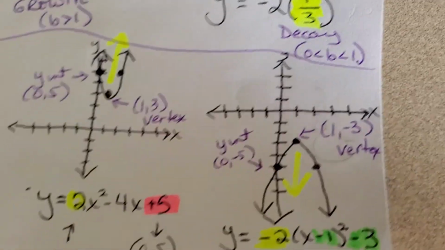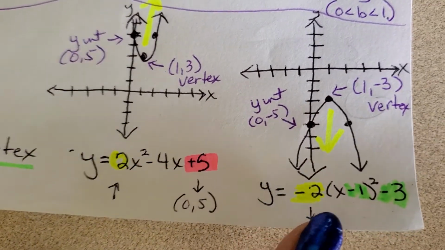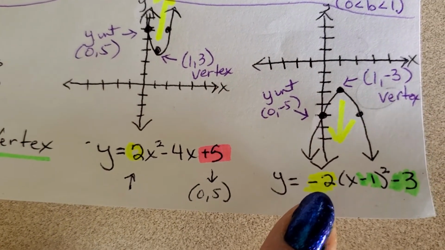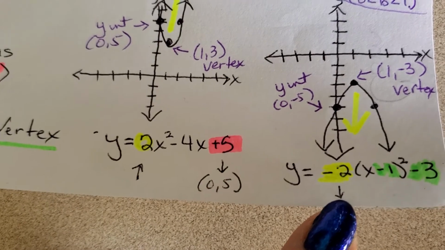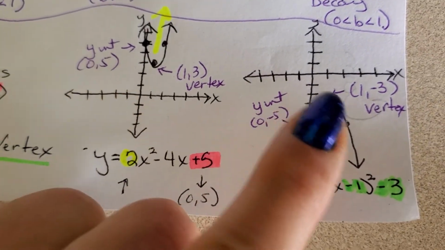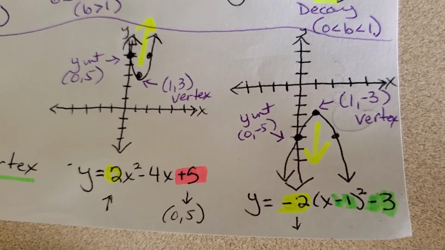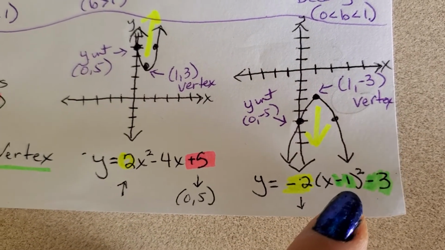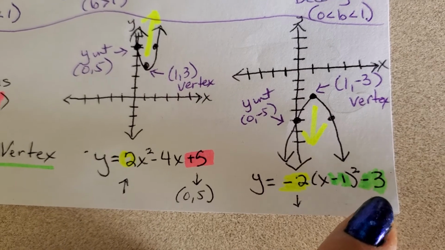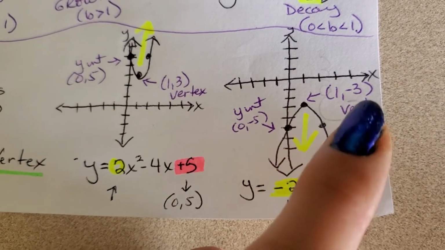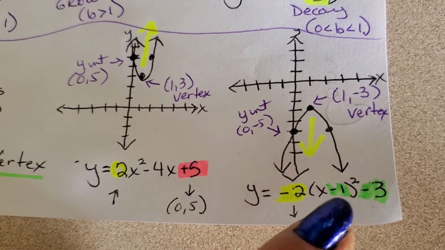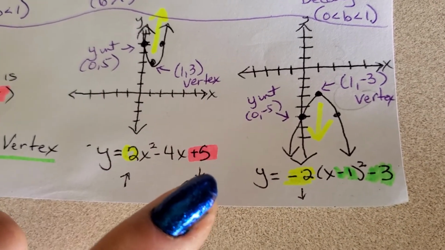Now, with the second one that I did, I left it in vertex form. So you can see I took the a value and saw that it was negative. So I knew that my parabola opens down. And as you can see, my parabola does open down. And then from here, I pulled the vertex. And again, be careful. The vertex is +1, -3. And you can see I wrote that +1, -3. I figured this out by doing it in standard form.